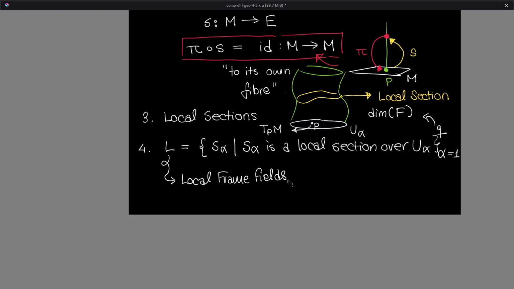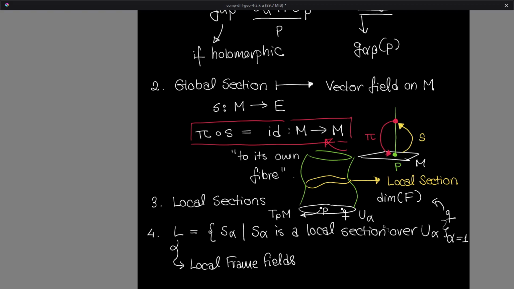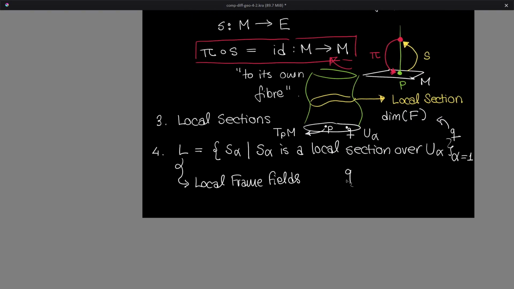If I collected the basis for TPM and, let's say that there's a point Q, the basis for TQM, and we collected all of them, every point in U alpha, we aggregated all of the bases. And we could choose a basis vector for every point using a section, and with enough local sections, Q of them, we would need Q local sections.